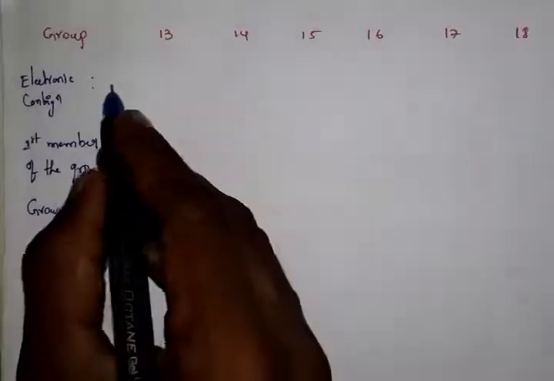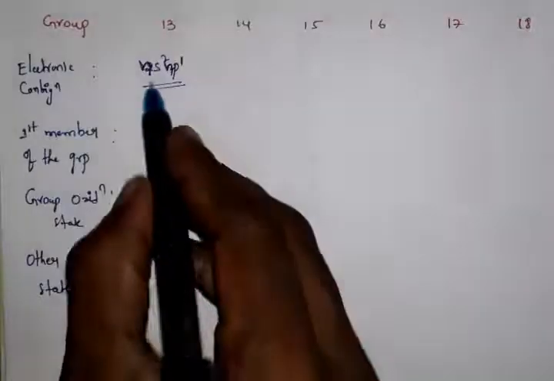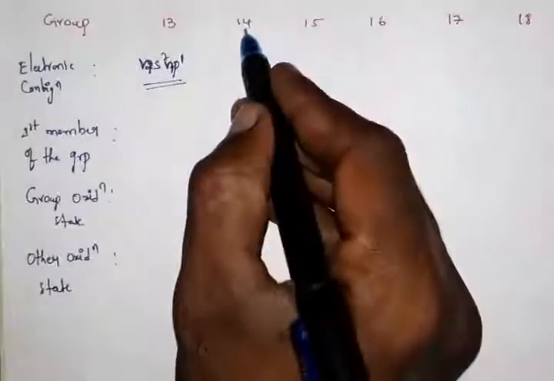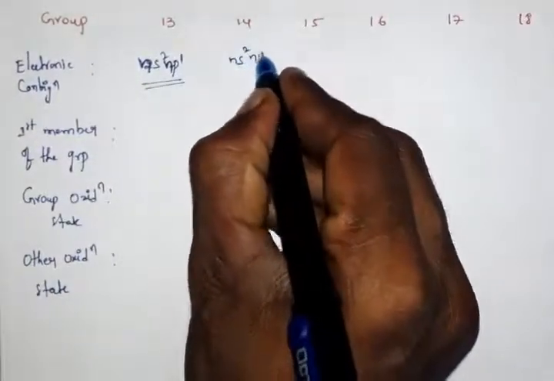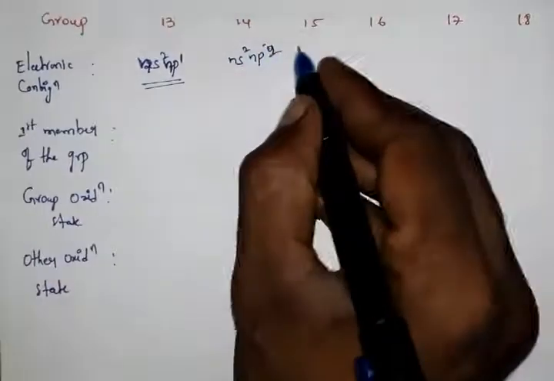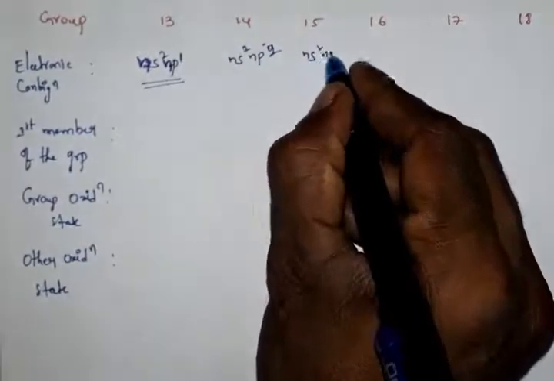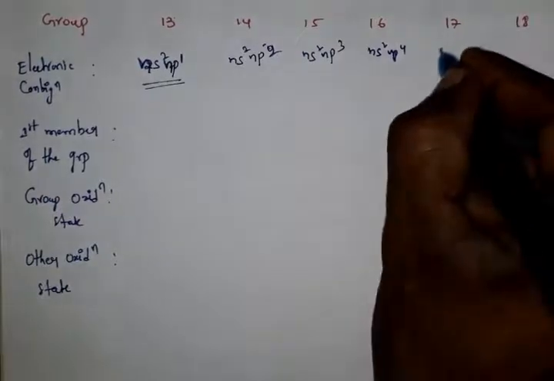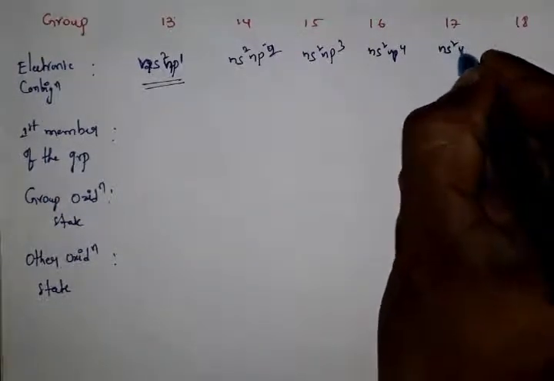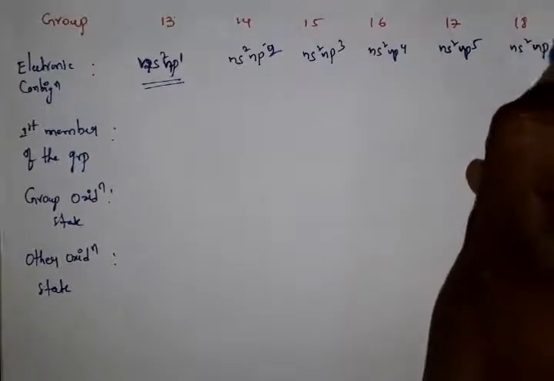In the 13th group elements, the valence electron configuration is ns2 np1; the 14th group is ns2 np2; the 15th group ns2 np3; the 16th ns2 np4; ns2 np5; next ns2 np6.